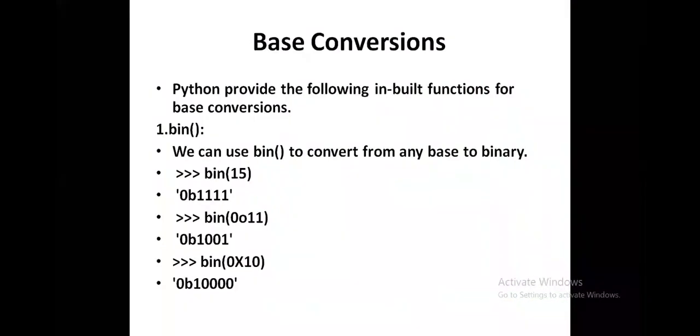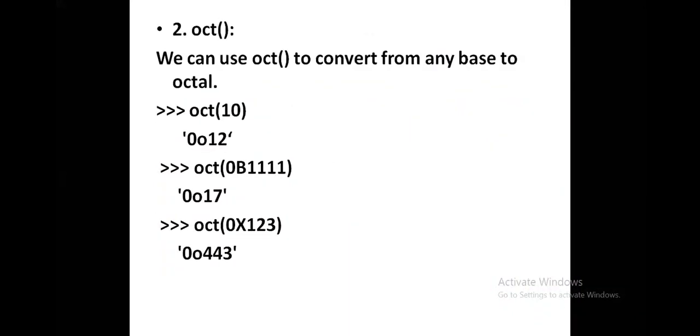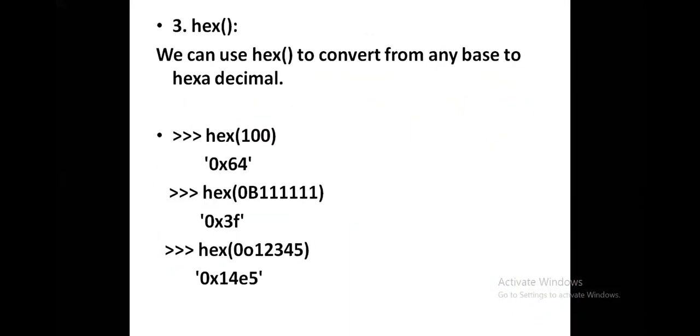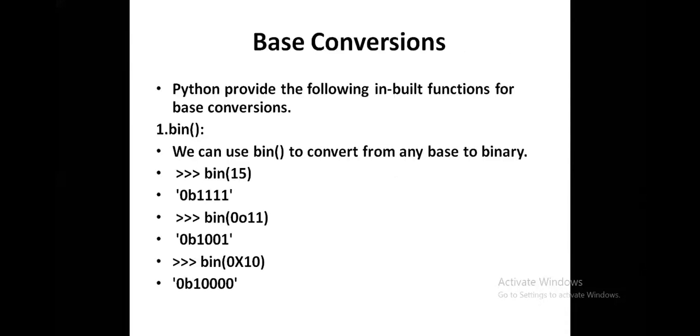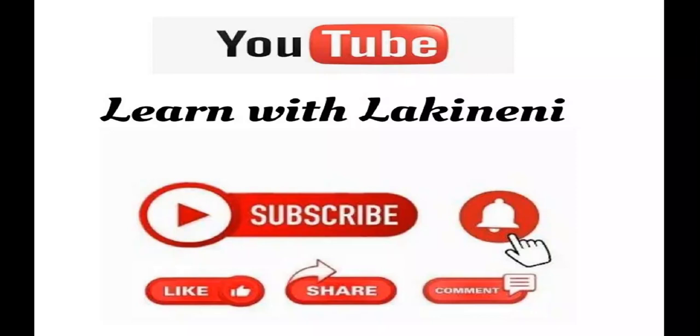I have explained the base conversions, from bin you can convert to binary, from binary you can convert to bin, from anywhere to anywhere, using the bin function, the oct function, the hex function, and the int function. So in the entire session I have explained the various forms of integer. How can we convert an integer to a decimal?